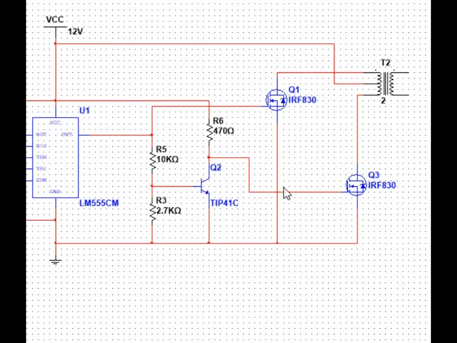Then two IRF 8830 MOSFET switches are configured with the secondary winding of the transformer to achieve a voltage range of approximately 102 volts. With this power stage, a current of 68 milliamps is obtained, using a 0.33 ohm resistor of 5 watts.